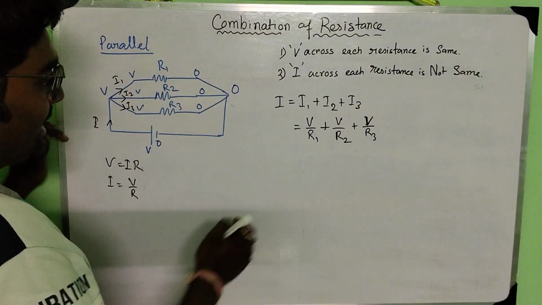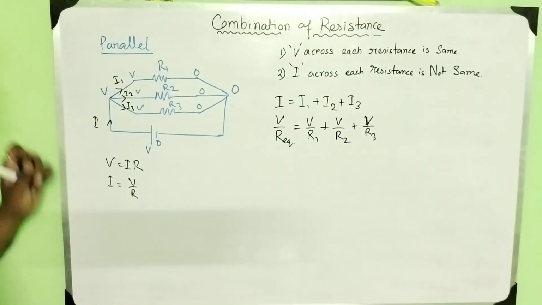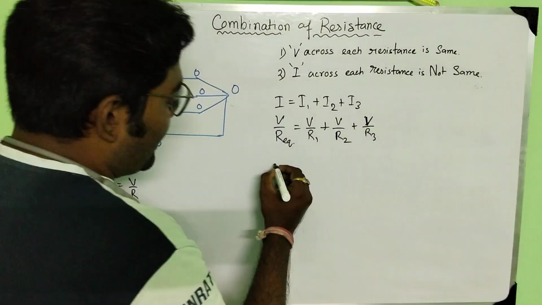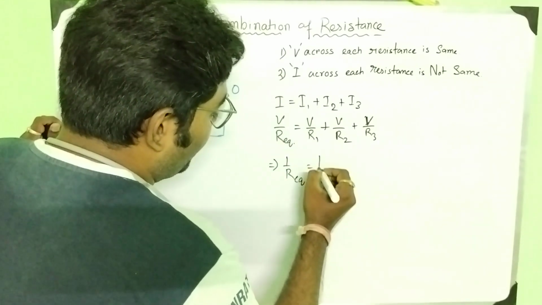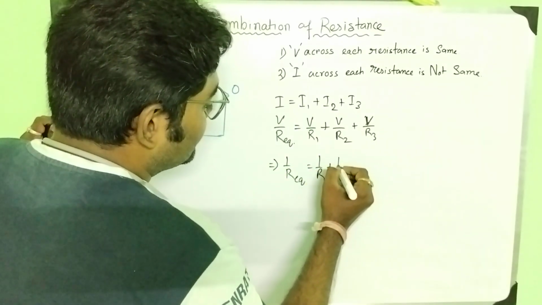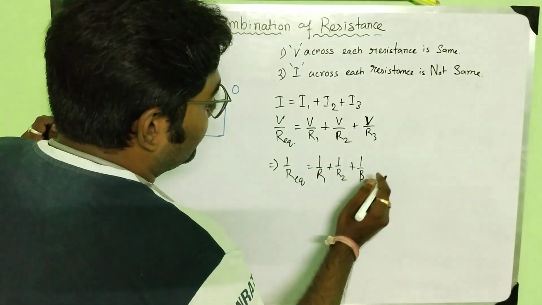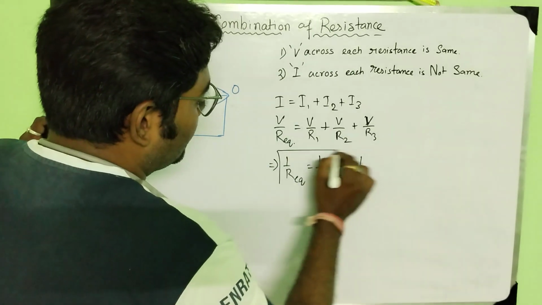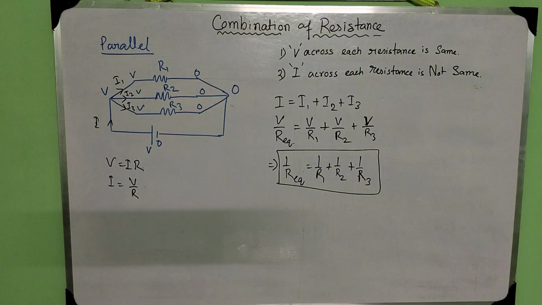And what is I? I is V by R equivalent. So I equals V by R equivalent. That means I can say 1 by R equivalent equals 1 by R1 plus 1 by R2 plus 1 by R3.